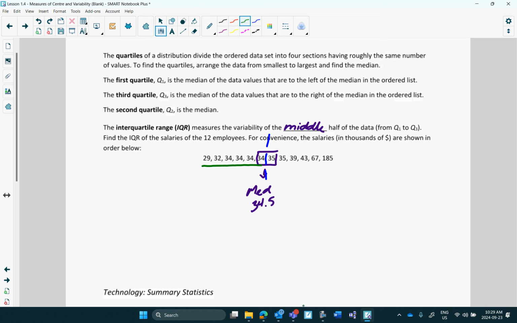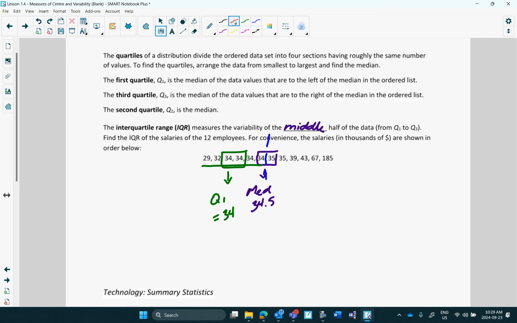That will be the value of Q1, the first quartile. Well, I've got 6 numbers. What numbers are in the middle? 34 and 34. So to find Q1, I have to average them. Well, that's easy. Q1 is 34.